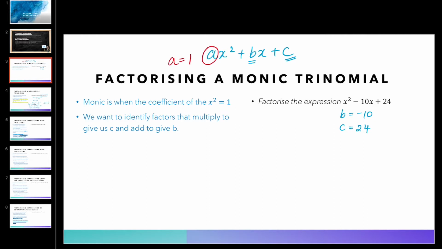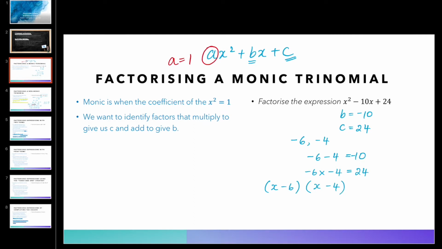Now thinking of our numbers, I'm going to say that they're negative 6 and negative 4. Let's do the tests and see. If they add to give negative 10, negative 6 minus 4 will give us negative 10, and negative 6 times negative 4 will give us that positive 24. Therefore, our two factors written in factorised form will be x minus 6 and x minus 4.